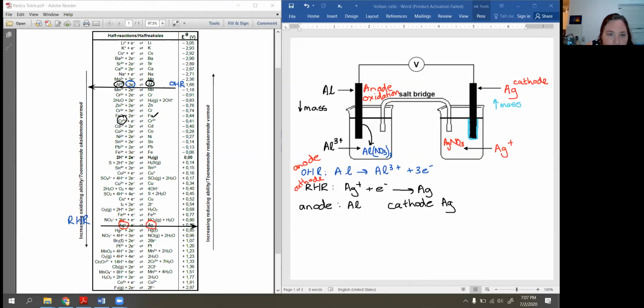Chromium 2 and chromium 3, both of those are charged, so they've got to be aqueous, they'll be dissolved in solution. If you don't have an electrode there, or if you're doing copper 2 and copper, or if you're doing iron 2 and iron 3 are somewhere in among here.